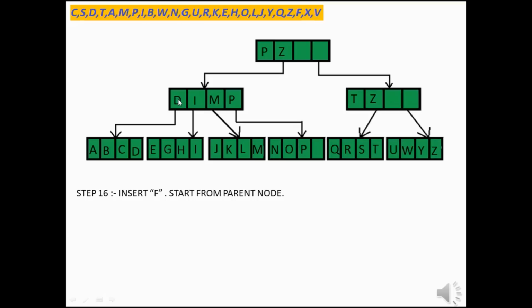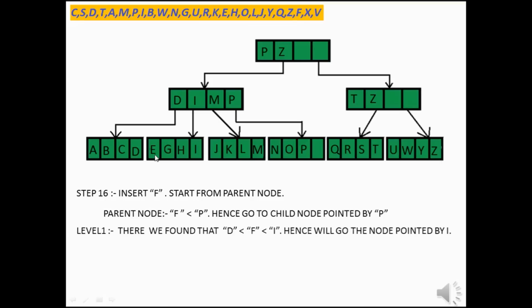And less than I. So we have to go to the child node pointed by I. So at level 2 we come to the node containing E, G, H and I. Now F is greater than E and less than G. See the arrow position? Logically F has to come there, right?